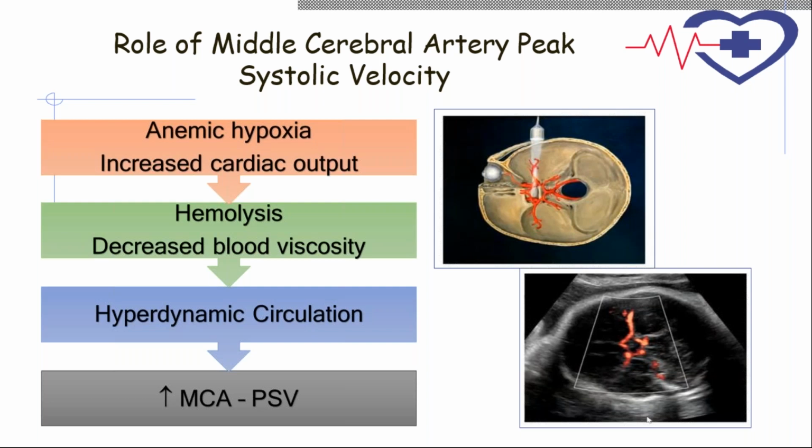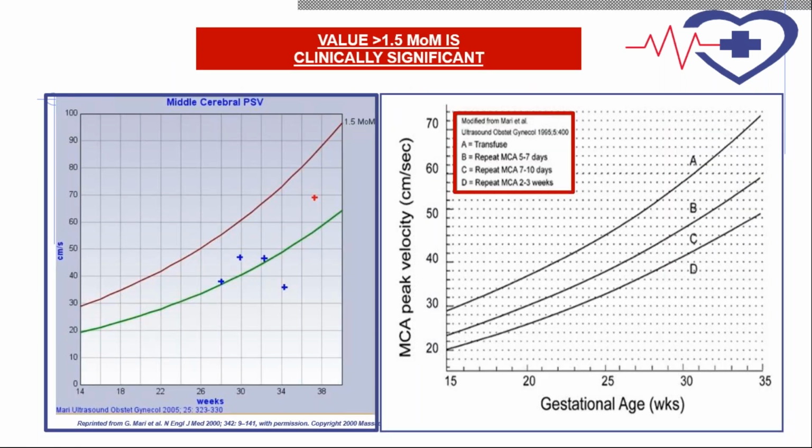Here in the ultrasound you can see how we focus the biparietal diameter axis plane, and there we see the middle cerebral artery in the transthalamic plane. We focus and put our color Doppler, and then we measure the peak systolic velocity. Now, once you get this peak systolic velocity, we have these normograms available for different gestational ages.